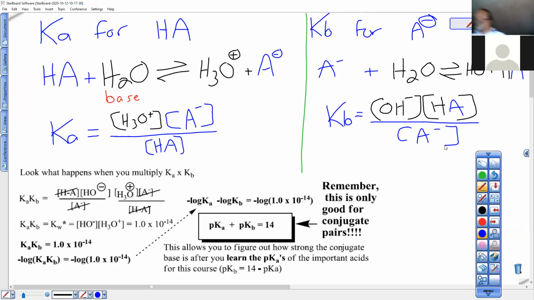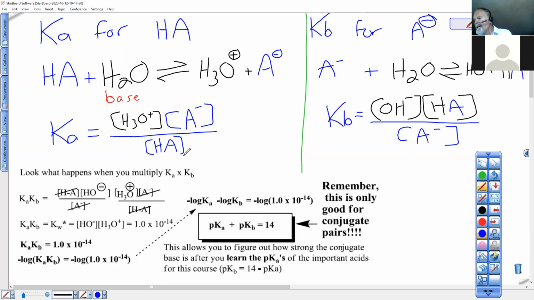So for a conjugate pair, if you multiply Ka times Kb, I took everything from here. Oh, they're backwards here. That's fine. I did Kb times Ka when I said I was doing Ka times Kb. Please don't be confused. Please don't do any of this because all you have to do is believe the box.